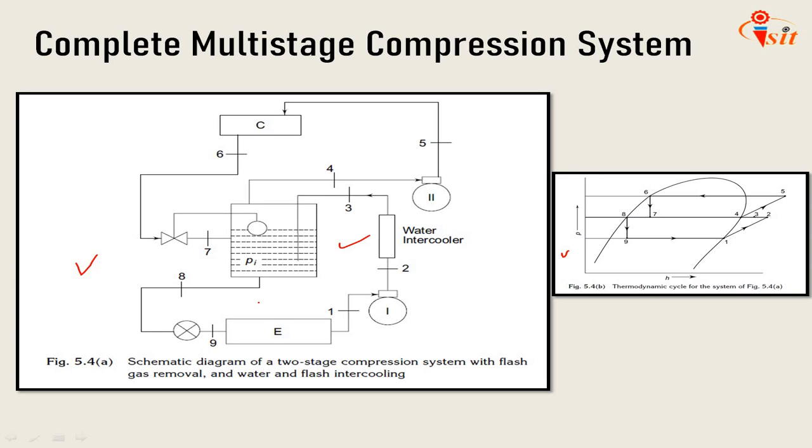So by using flash gas removal, water intercooling and flash intercooling, we will consider it as a complete multi-stage compression system. Here the flash chamber is there, the water cooler is there. Okay, so that will complete the multi-stage compression system, which is required to improve the efficiency of the cycle.